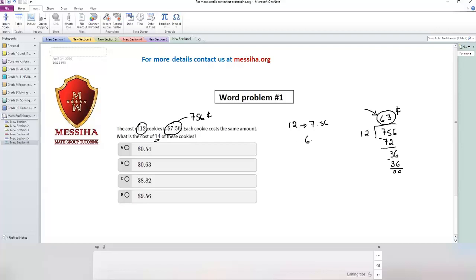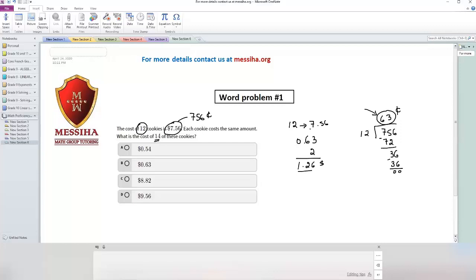So I can take the 63 cents and multiply it by 2 to get the value of 2 cookies only. 2 times 3 equals 6, 2 times 6 equals 12, 2 times 0 is 0, and 1. That means $1.26. This is the amount for 2 cookies.